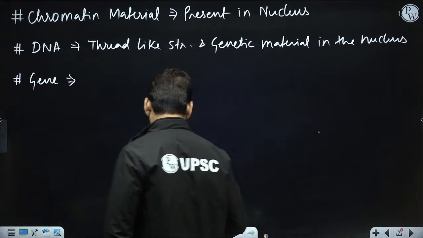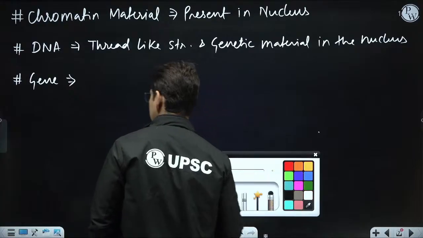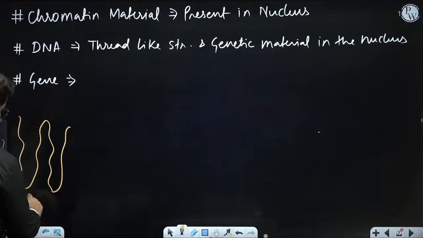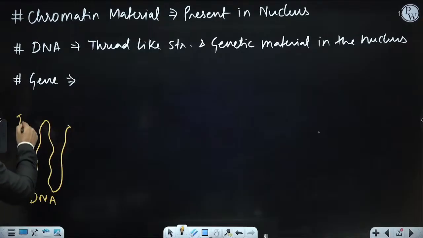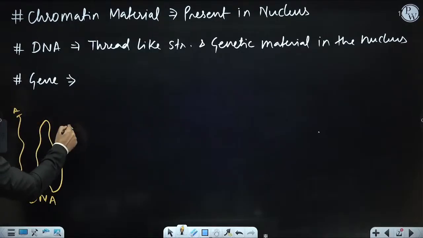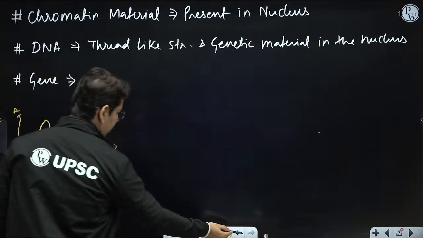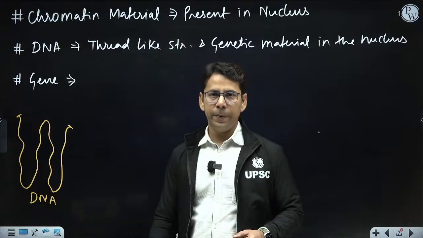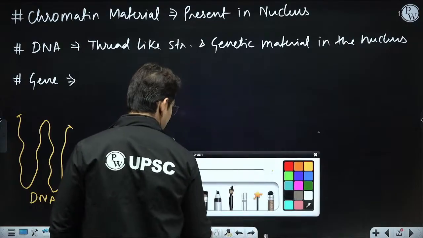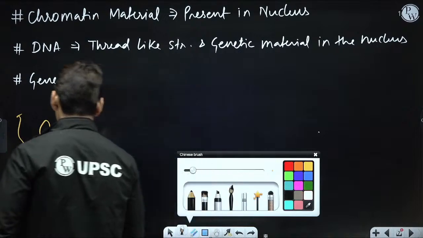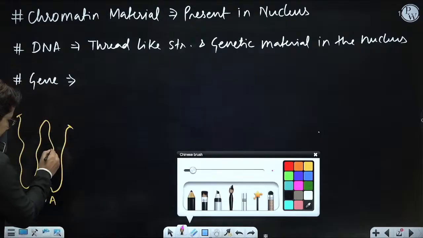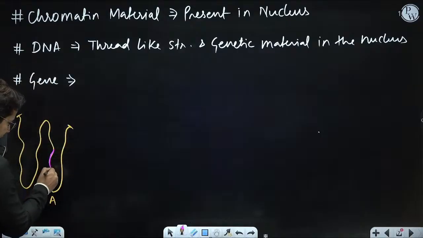Let's say this is a thread-like structure and this is DNA, right? So this thread-like structure is DNA from point A to point B, but let's forget about the points. DNA is just a thread-like structure. And a segment of this DNA, I'm making this segment, let's say.